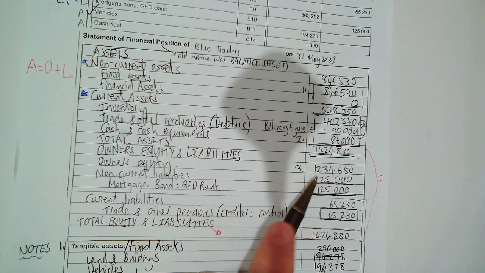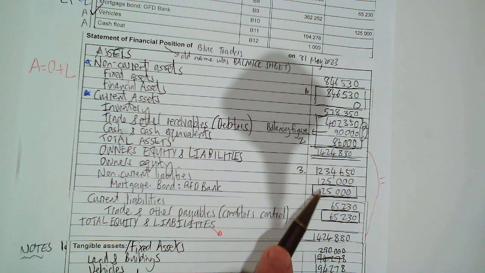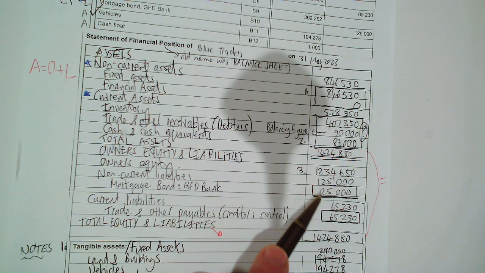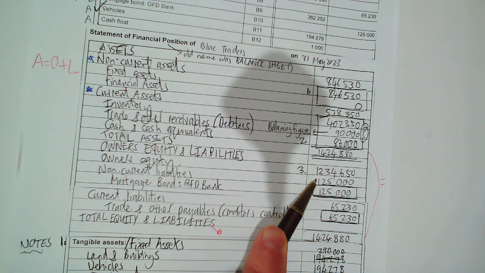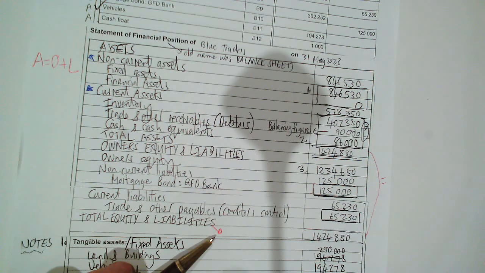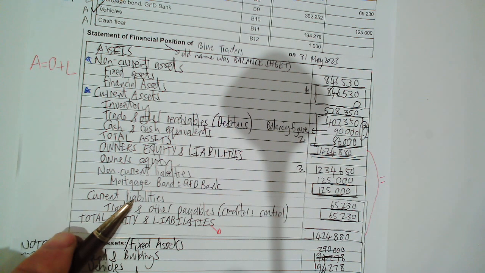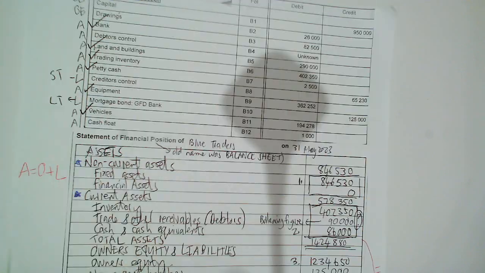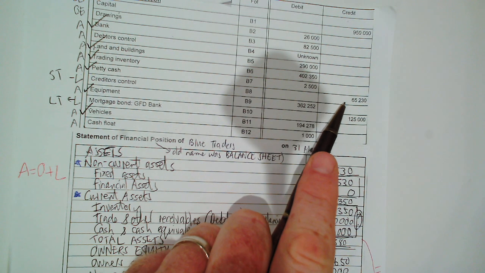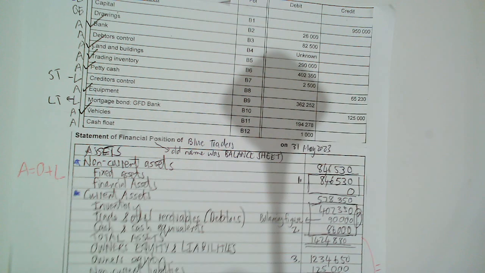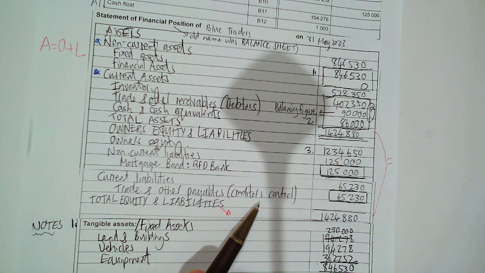I put a block around it. I add it. If there was more than one, we would have added the two together to get a non-current liability. So it's only 125. Then lastly, we have to add our current liabilities. Now you will find creditors control, again liabilities as a credit balance, and there's a 65,000. It's a short-term liability.